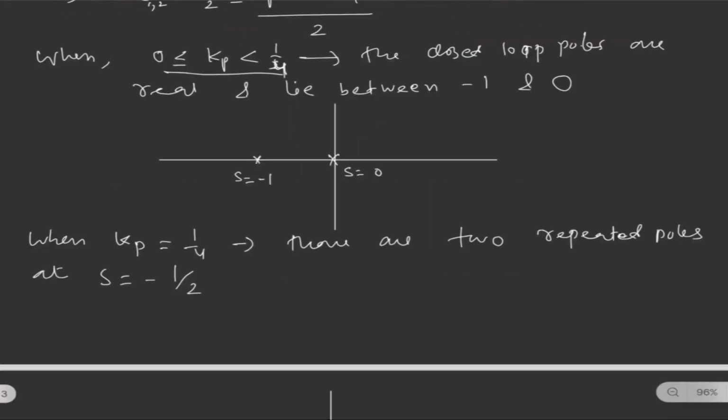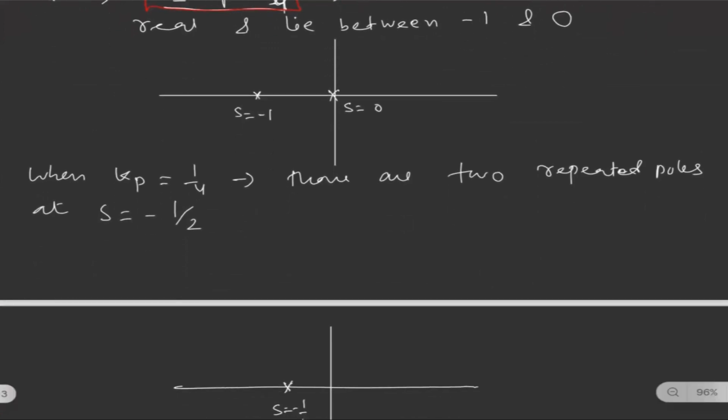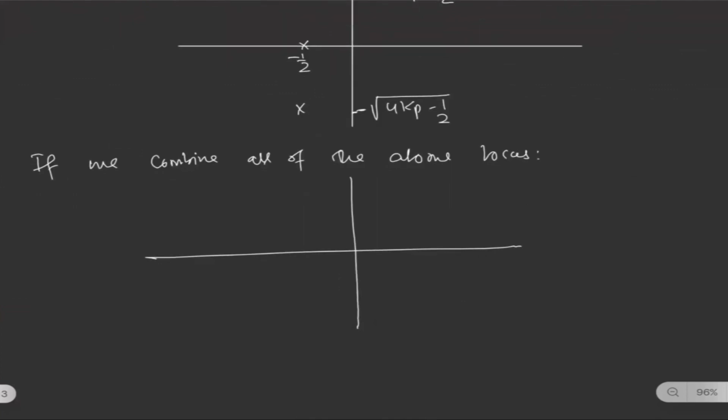So initially, with this condition, there are two poles which are 0 and -1. So there are two poles, one is 0, one is -1.